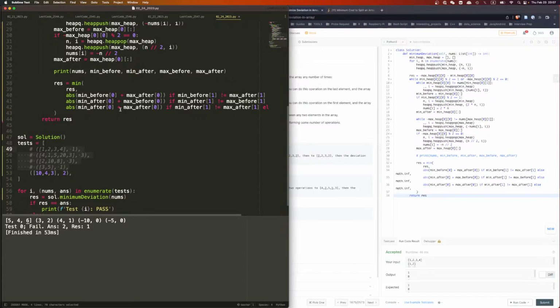I think we need to go to both camps. So every time I change a value on the min heap, I push it back to the min heap, and I push it to the max heap as well.